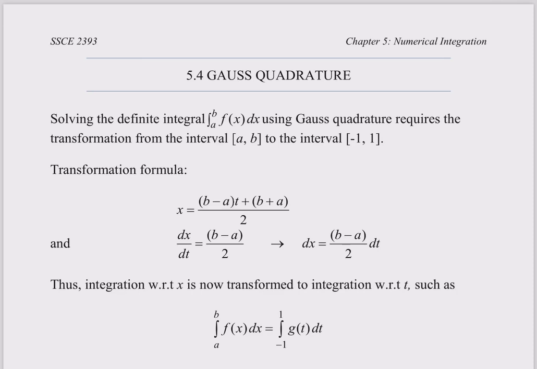In today's video, we will discuss numerical integration by Gauss quadrature. In the previous video, we discussed how to evaluate the definite integral from a to b of a function of x by using the trapezoidal rule and Simpson rule.